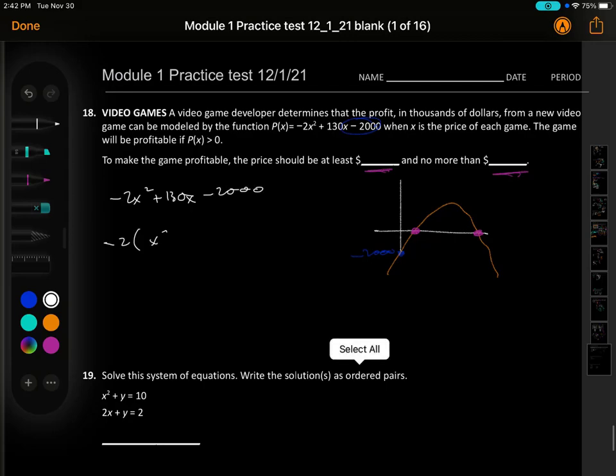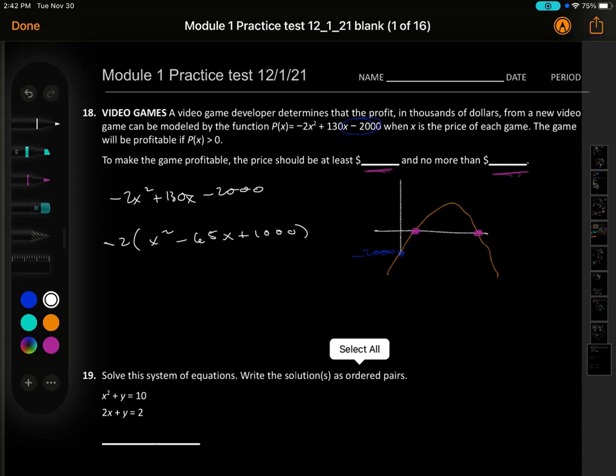Let's factor out the negative 2, so I get negative x squared, negative 65x, and positive 1,000. I need two numbers that multiply to be 1,000, but those same two numbers add to be 65.